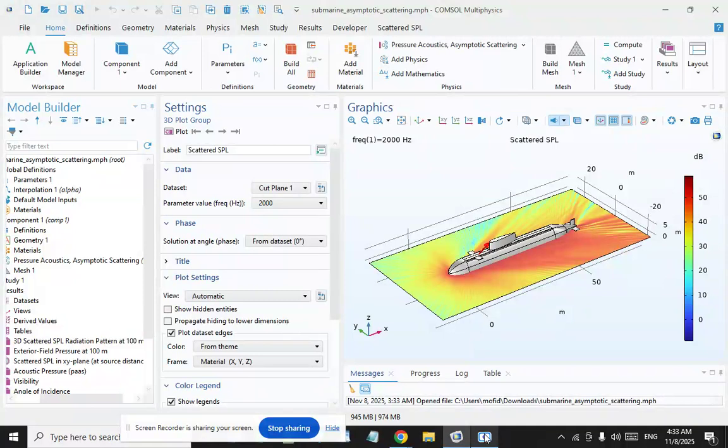By precisely predicting the acoustic target strength at high frequencies, this simulation aims to provide useful insights into the construction of quieter and less detectable submarines.